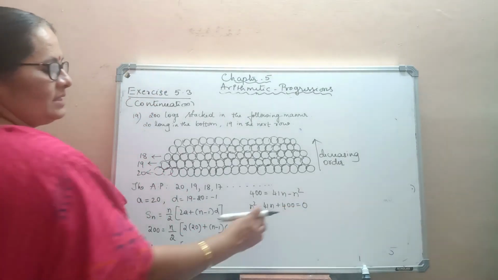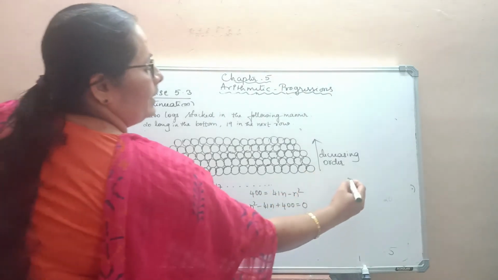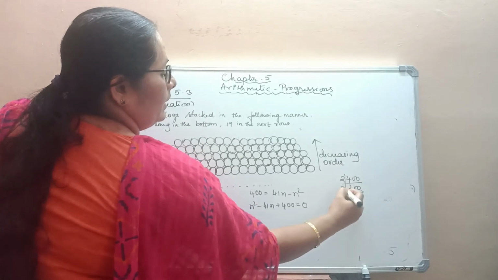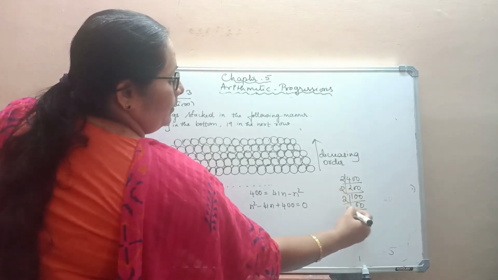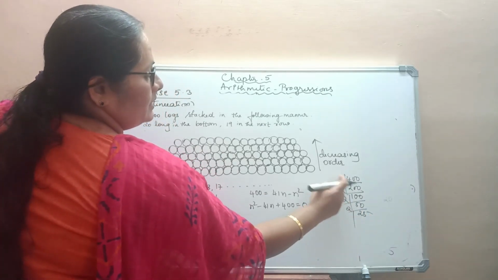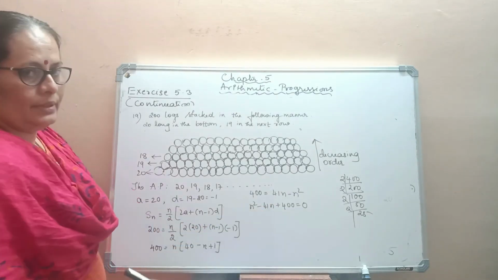Now you have to split the middle term to find the n value. So factorize 400: 2 2s are 4, 4 8s are 32, 16 times 25 is 400, and 16 plus 25 is 41, right?